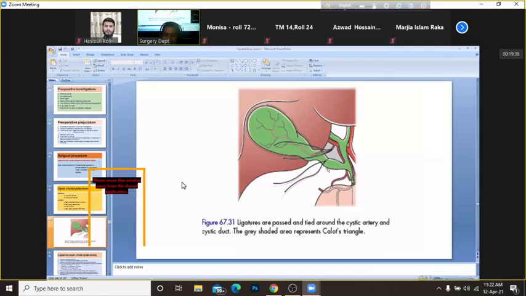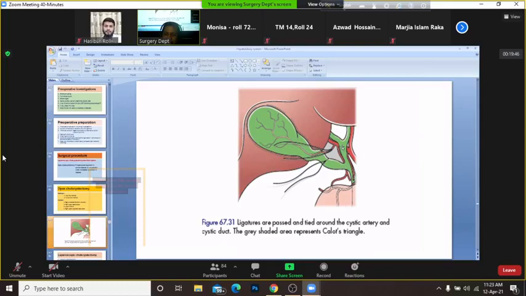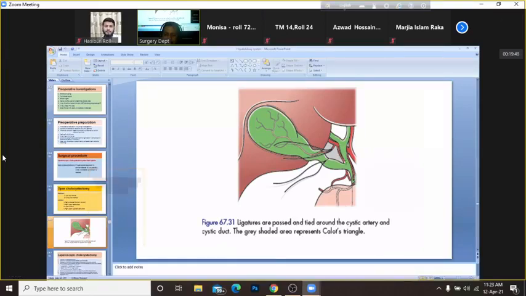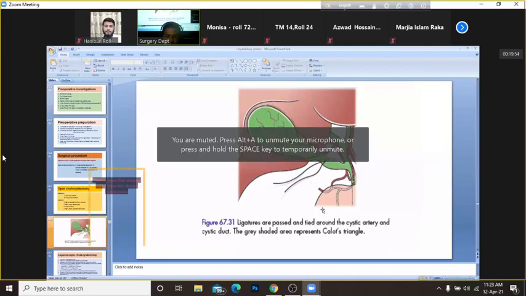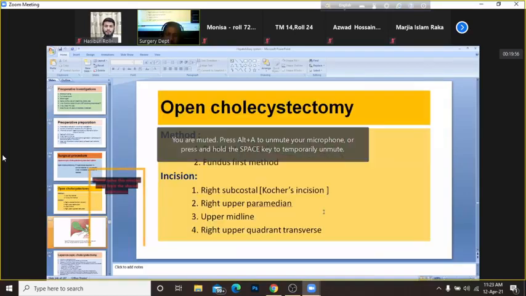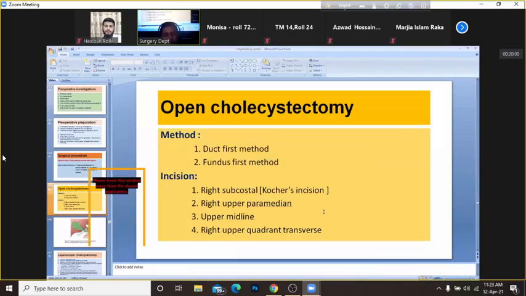If we can identify Calot's triangle clearly, we can do the cholecystectomy avoiding injury to the CBD and hepatic artery. So in this regard, we can say open cholecystectomy can be performed by two methods.